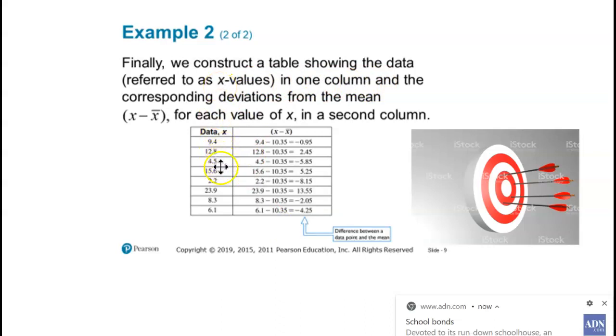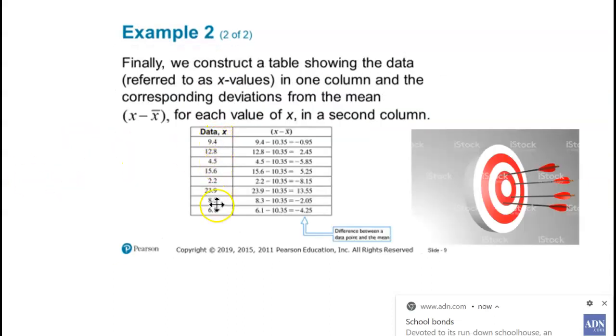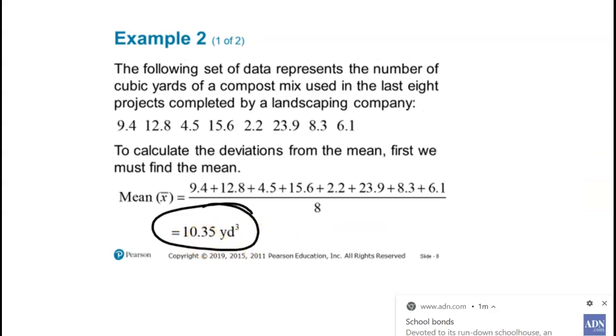Notice 9.4, 12.8, 4.5. That's the same thing that was here. These are the data that you are given. Here it is transposed over here. Here's the data minus the mean of 10.35 that we got from over here.